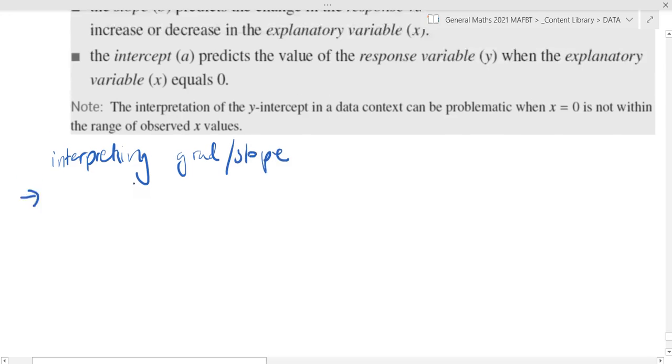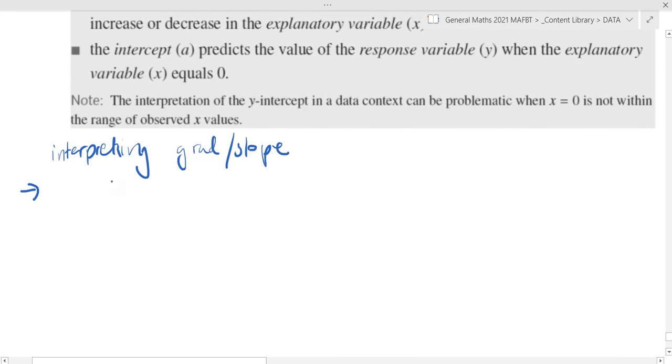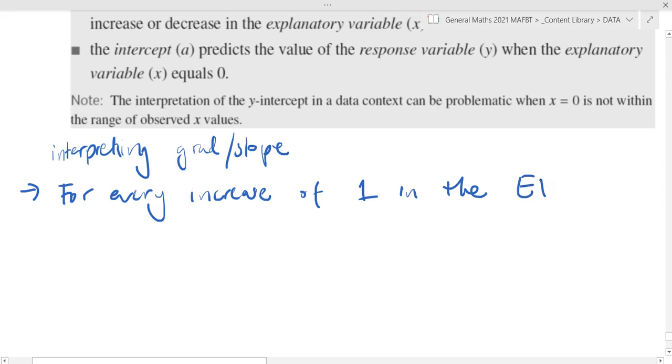You'd say, for every increase of 1 in the EV, whatever the EV might be. It depends on what your graph or your actual variables are. So this is how you interpret the gradient.